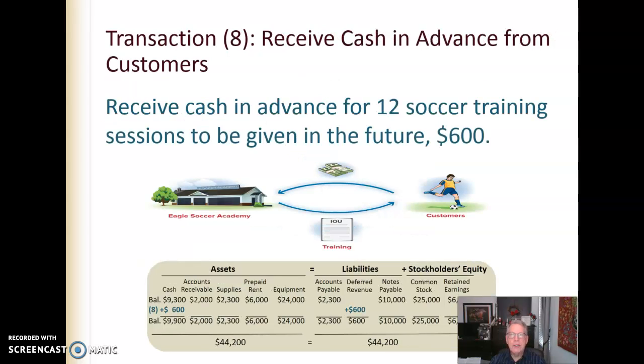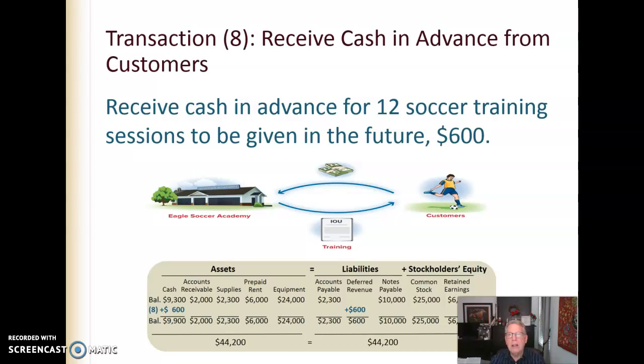So in transaction 6, we're going to receive cash in advance from a customer. So in this case, if we're receiving cash in advance, we are going to get cash, so cash is going to go up, but we call that deferred revenue, sometimes referred to as unearned revenue, because we haven't earned the revenue. So don't get deceived by this title, revenue.